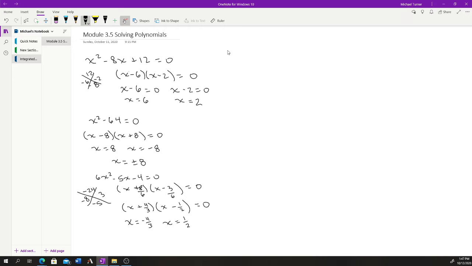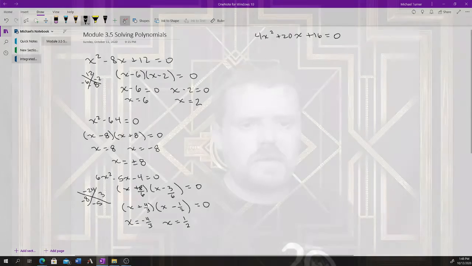Always be on the lookout for quadratics or any polynomial that have a common factor. So let's say I had 4x squared plus 20x plus 16 equals 0. Now you could automatically just start and do the x and multiply, but if they all have a common factor, what that typically means is that there's going to be something I can pull out, and if I do that, it's going to make doing the process a little bit easier.